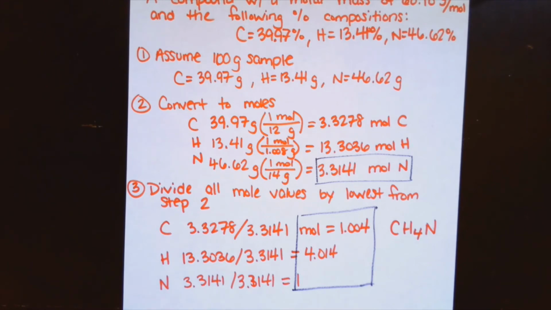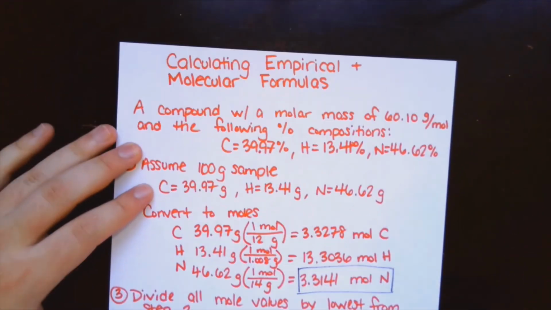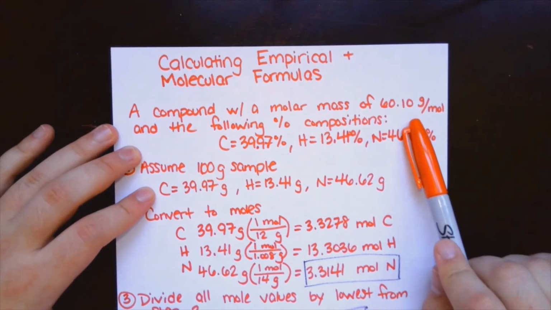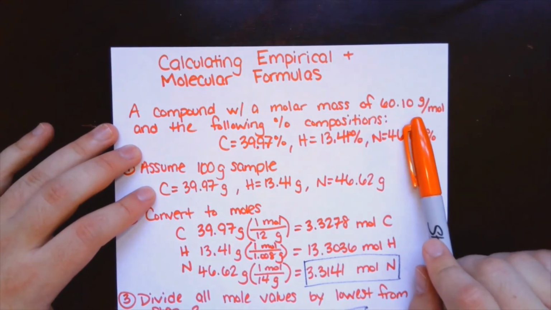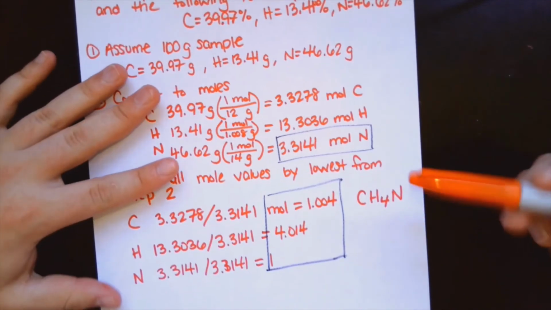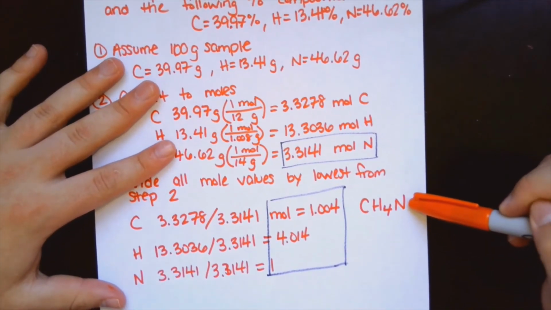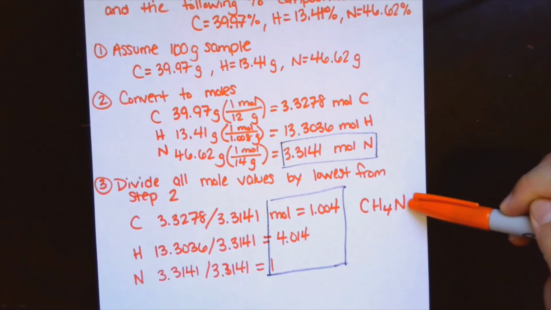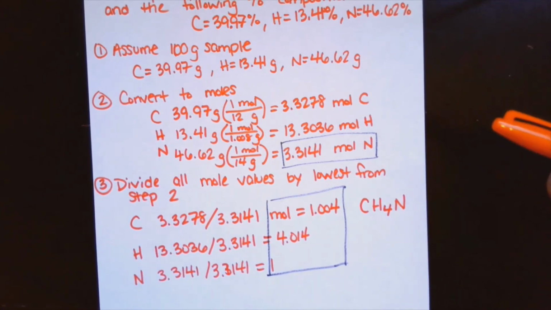We know from the problem that the molar mass of the entire compound is 60.10 grams per mole. We need to figure out how many of the empirical formula units would fit into the molecular formula.